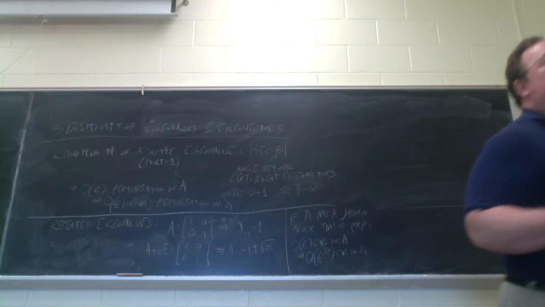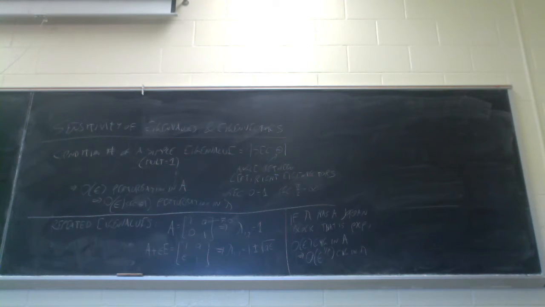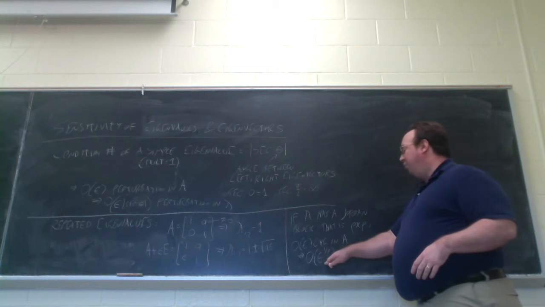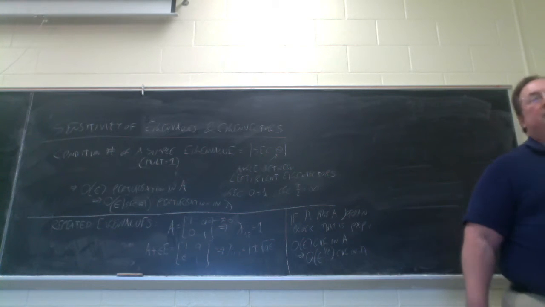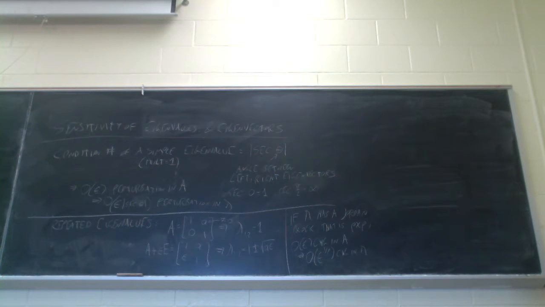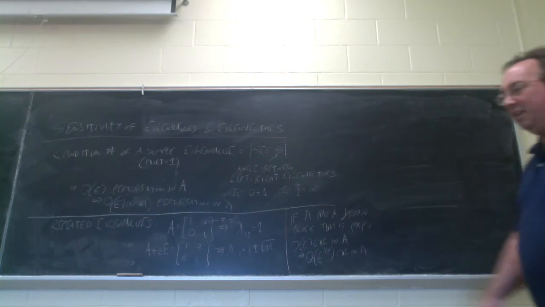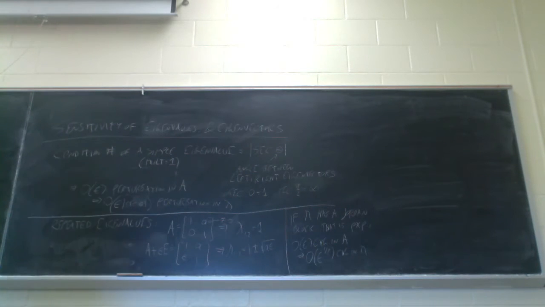So in other words, the more defective the eigenvalue is, so the more generalized eigenvectors go with it, the more of a gap between its algebraic multiplicity and its geometric multiplicity, the more sensitive the eigenvalue is. Okay. So these repeated eigenvalues, especially for the non-diagonalizable case, can be quite troublesome.